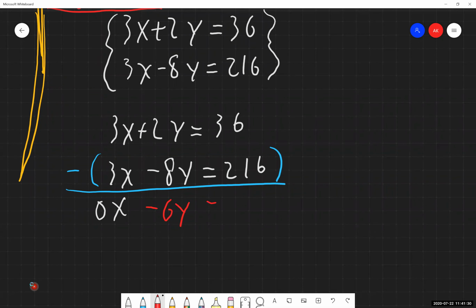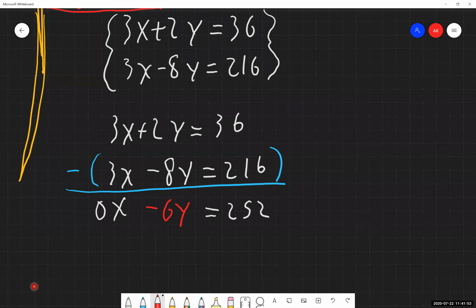And then they go ahead and from there, do 36 plus 216, and I believe that's going to give us 252. Which again, is not correct, because we have this negative out front.